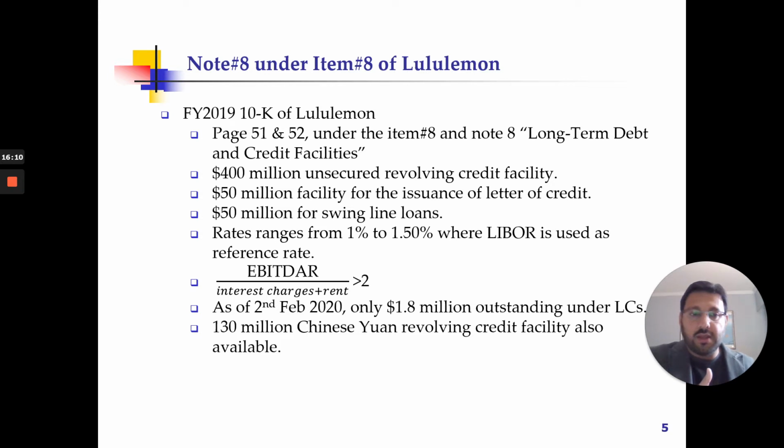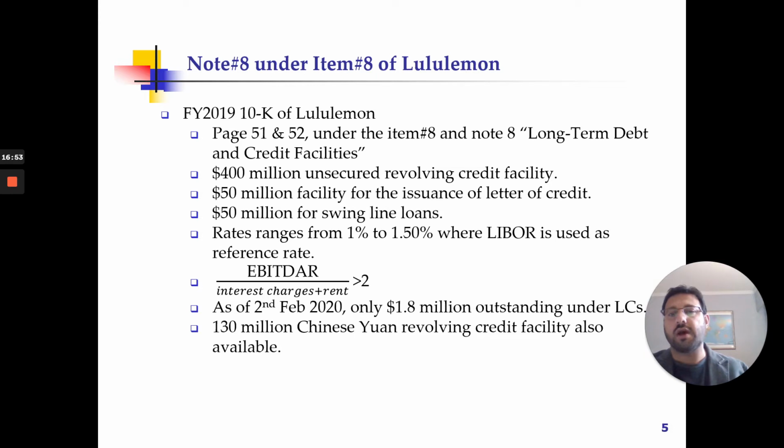They export their goods to Lululemon in the North American market, and in order to do that, they usually issue a letter of credit, which is guaranteed by the importer's bank. In this case, Lululemon is the importer. Once all the documents and the shipment are according to the terms and conditions of the letter of credit, they will pay the exporter on the settlement date. So 50 million is available over there.